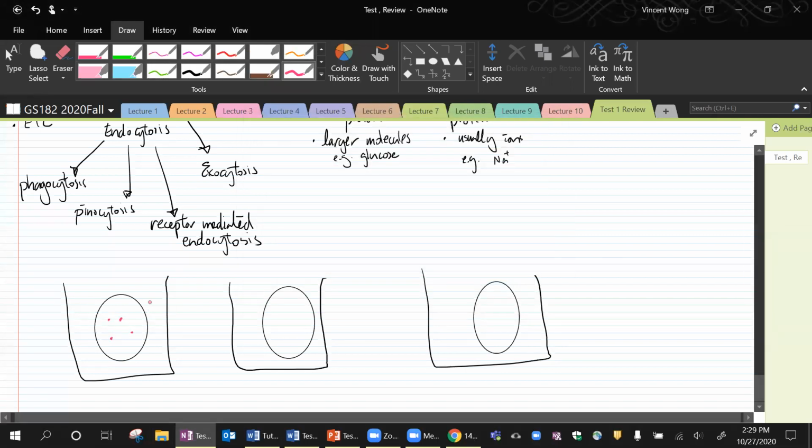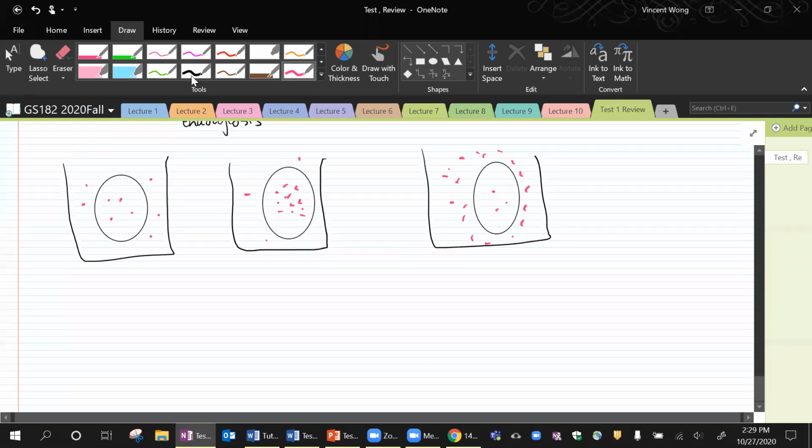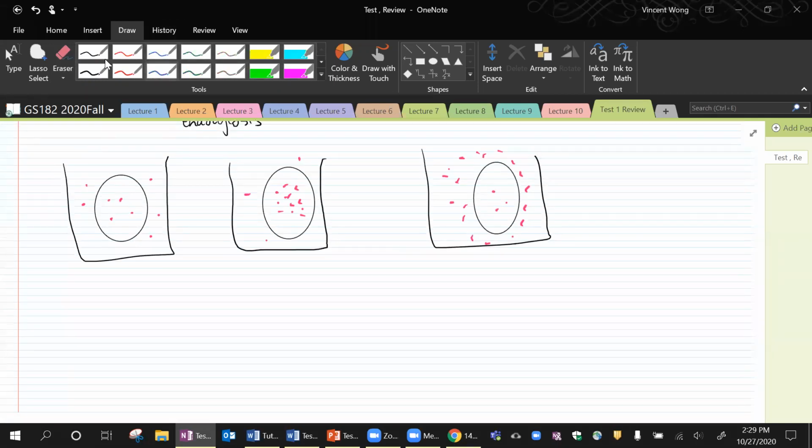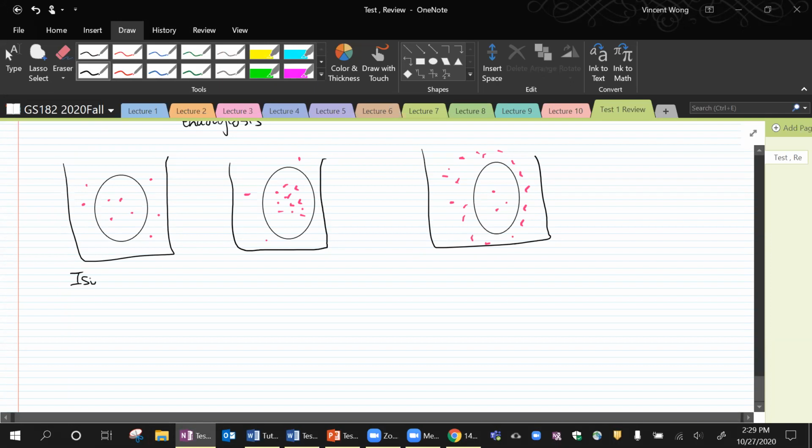If the concentration on the inside is the same as outside, then it's isotonic. If there's more stuff inside than outside, then it's hypotonic. If it's the other way around, then it's hypertonic. Let me just write this down for you. This is isotonic.